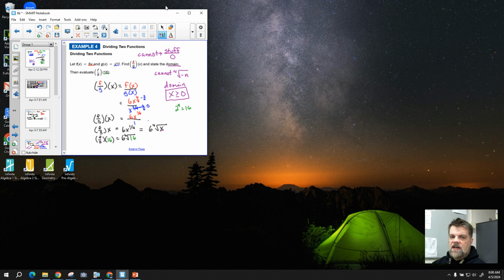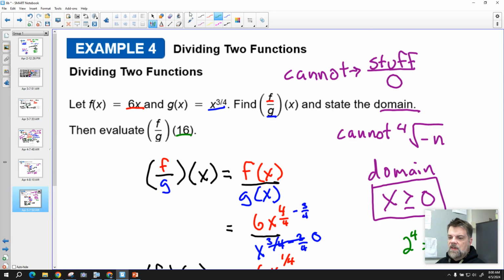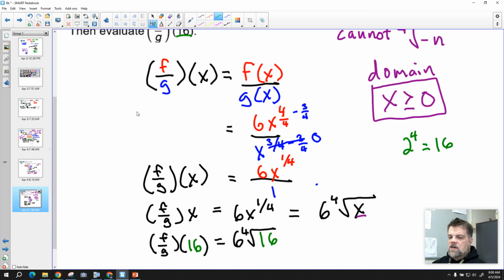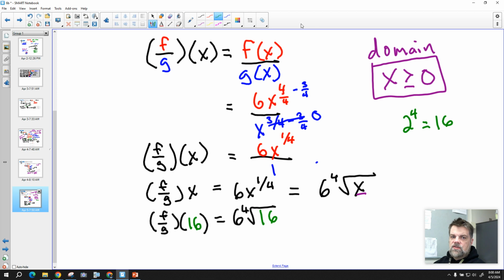So these problems are kind of rigged up for us, right? So 2 to the 4th power is equal to 16. So then in my next line, I'm just going to say 6 times the 4th root of 2 to the 4. And what do the 4's do? Well, the 4th root kind of undoes the 4th power.